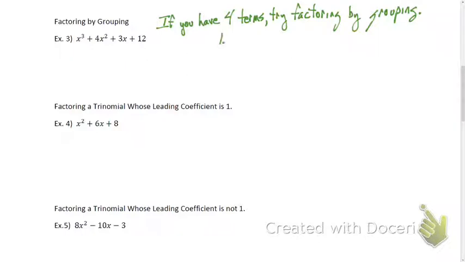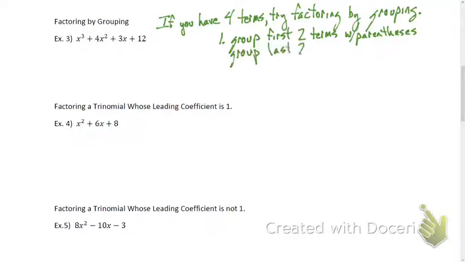It may not work. So it is truly just an attempt, and this may not be factorable. Step number 1, group first 2 terms with parentheses. Group last 2 terms with parentheses. So let's do that.